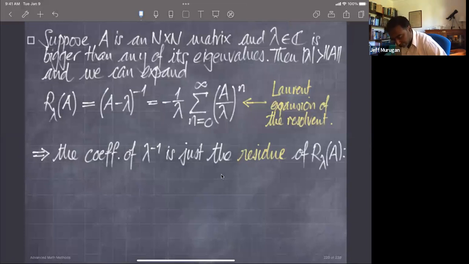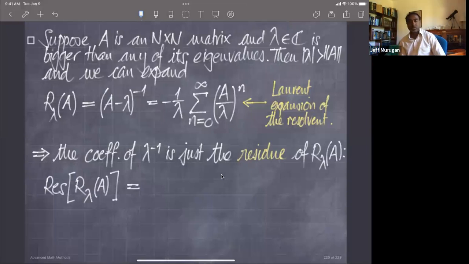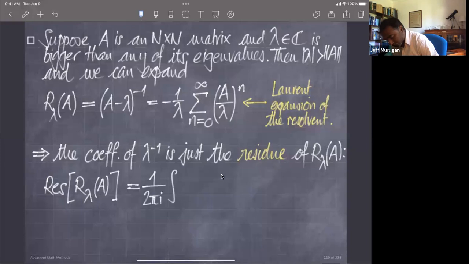In other words, the residue of the resolvent, which, pretending that we're dealing with ordinary functions, is just 1 over 2 pi i times the integral over some curve that's centered on the origin and large enough to enclose all of the eigenvalues of A, of R lambda of A d lambda.